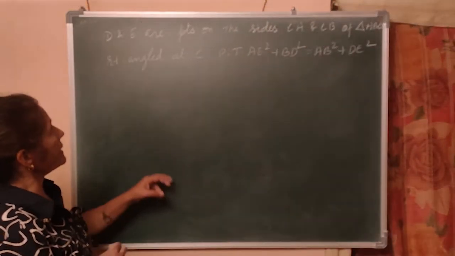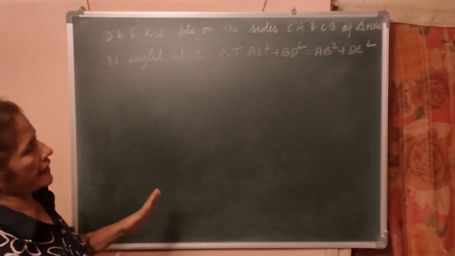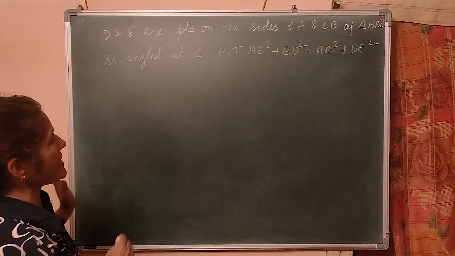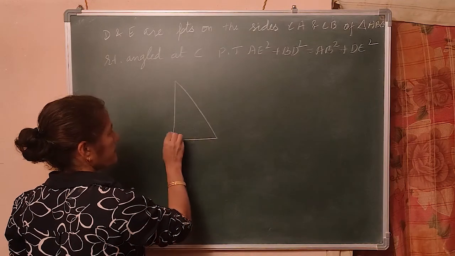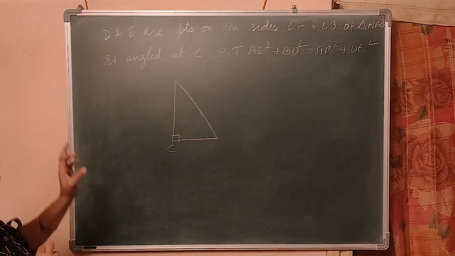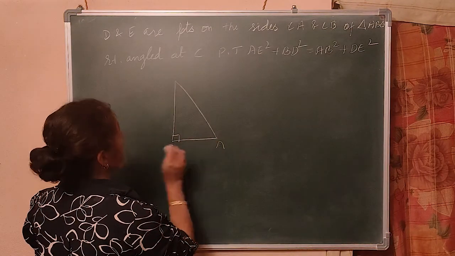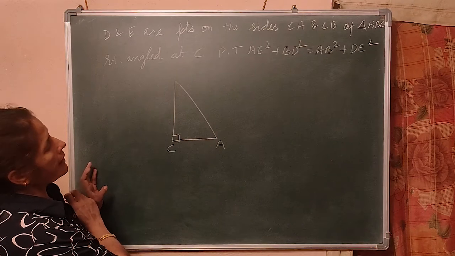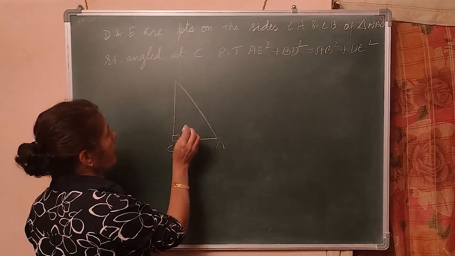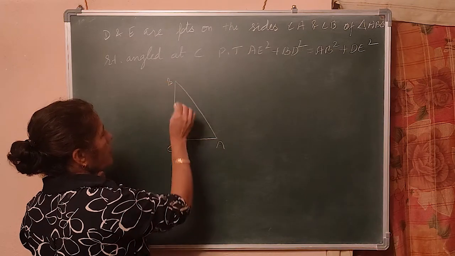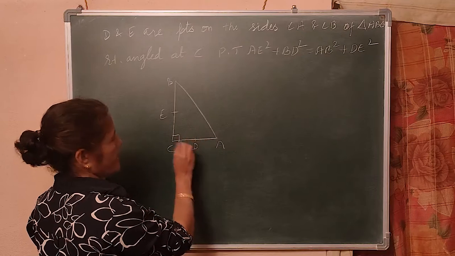The next problem is: D and E are points on the sides AC and BC of triangle ABC, right angled at C. So D is the point on AC, and E is the point on BC.